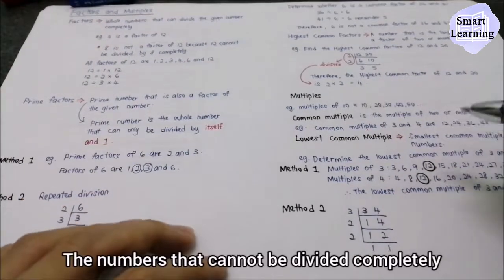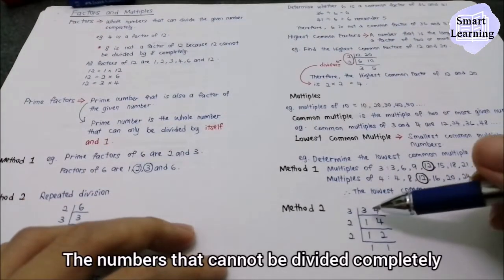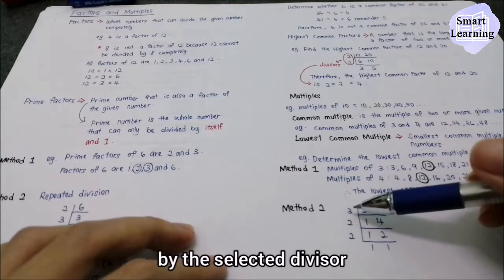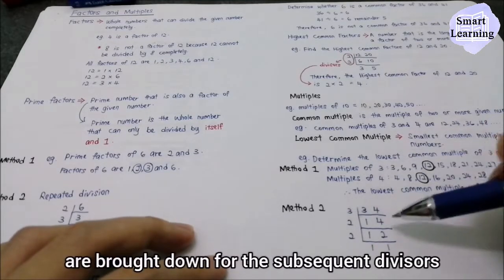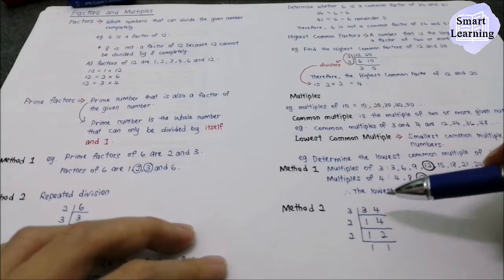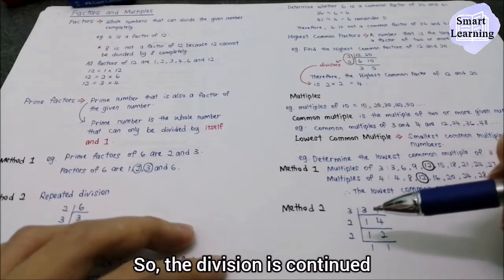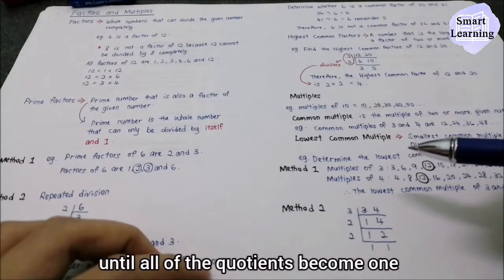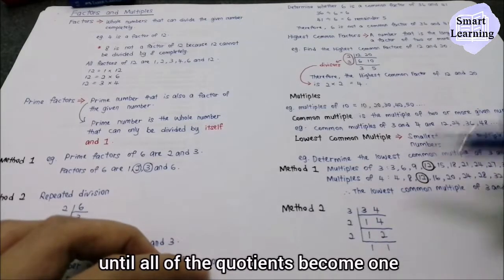The numbers that cannot be divided completely by the selected divisors are brought down for subsequent divisions. The division is continued until all the quotients become 1.